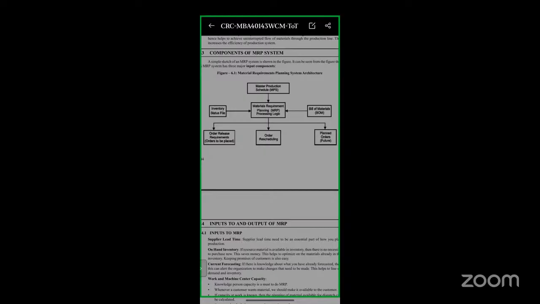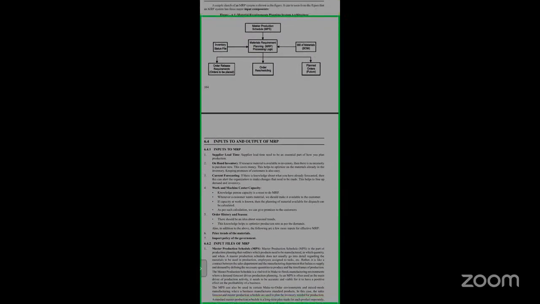In the material requirement process, again, you have order release and planned orders, so orders to be placed, order rescheduling. Once it's done, you are rescheduling, then you are planning for the future orders.